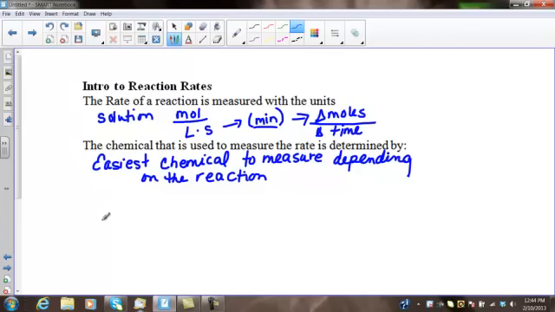Often students wonder what chemical the rate is determined by. Which one do I know to use? Well, honestly, it's the easiest chemical to measure, depending on the reaction. And you'll see as we go through a couple of these examples, it's not too hard to determine.